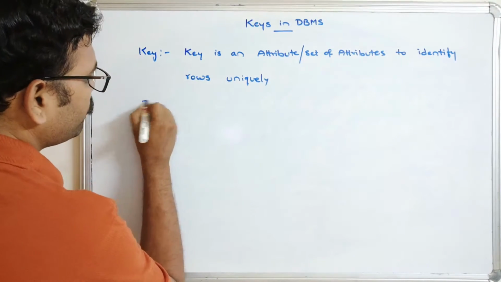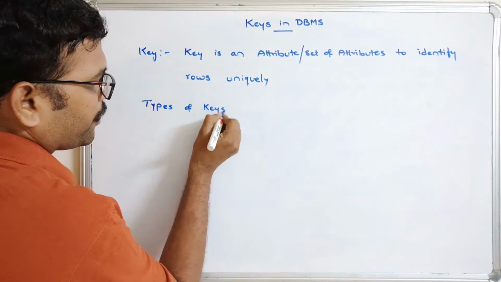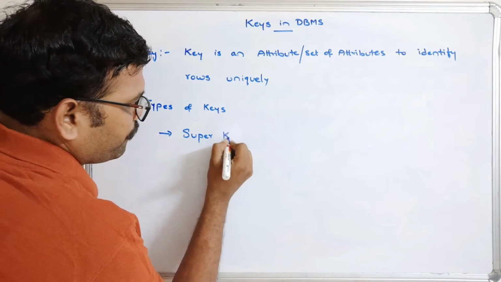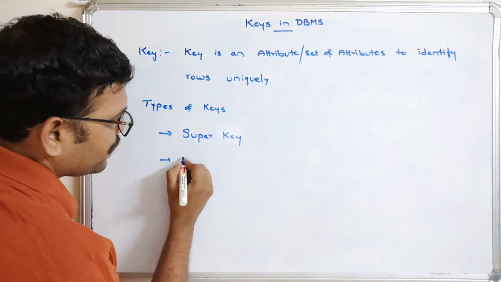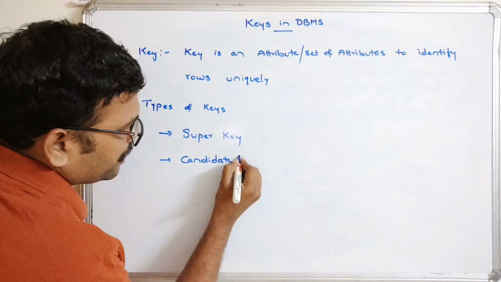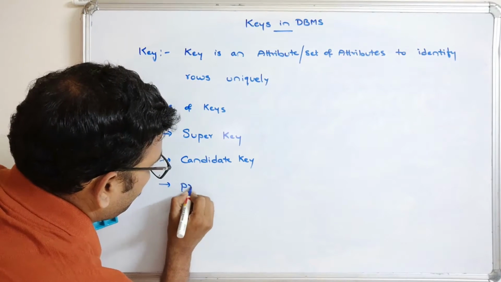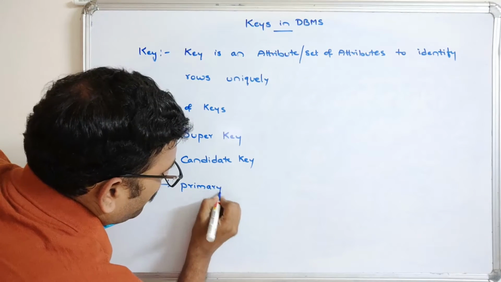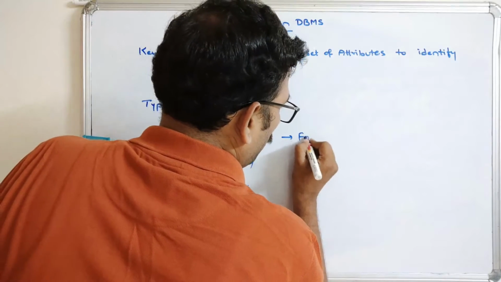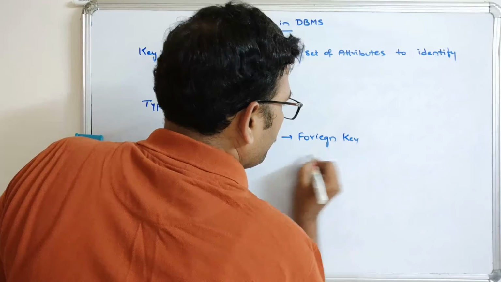There are different types of keys available in DBMS. The first one is the super key. Second, candidate key. Primary key. Foreign key.